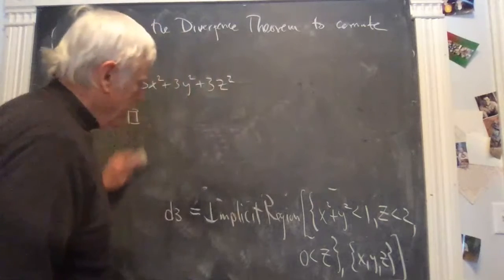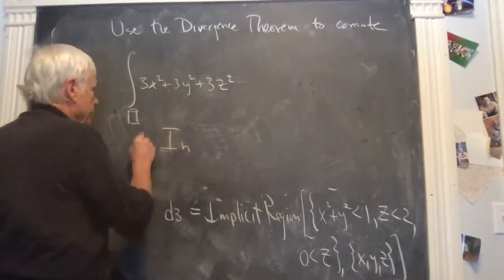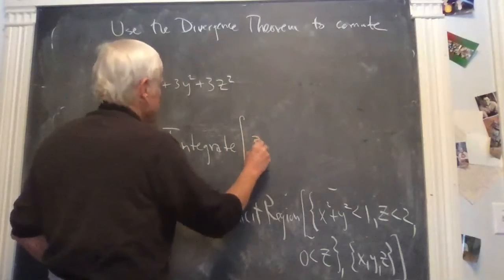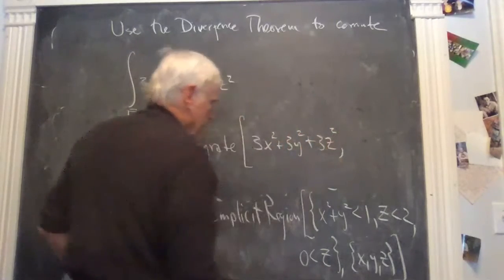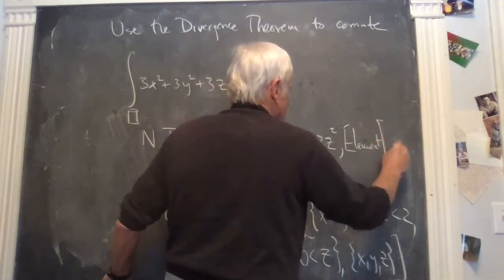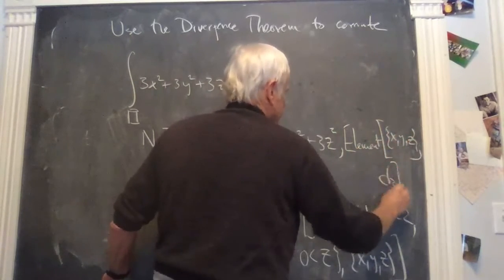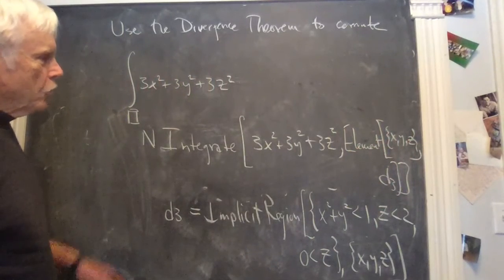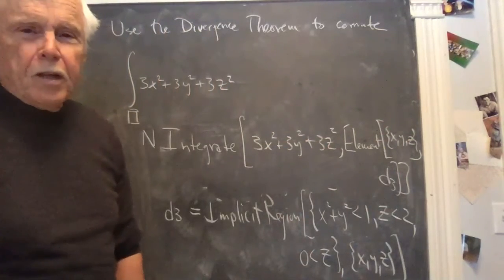You could write it as a triple integral, but I would implement it with Mathematica as Integrate or NIntegrate of this function, 3x squared plus 3y squared plus 3z squared, where x, y, z is an element of D3. So simple enough, integrate this function over this region. A little less than 35, I think.